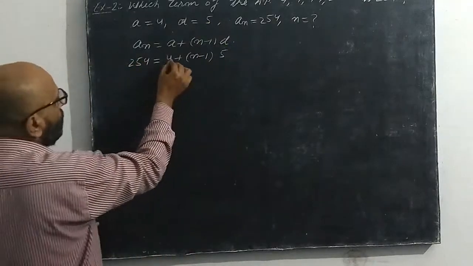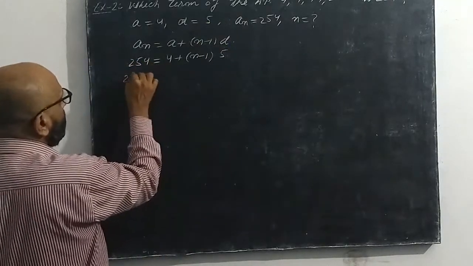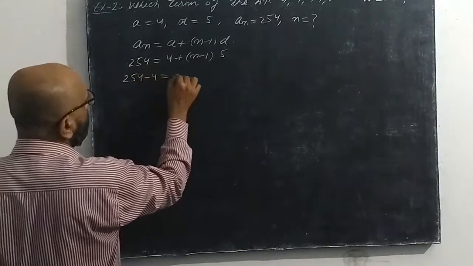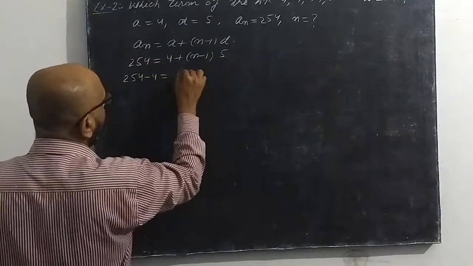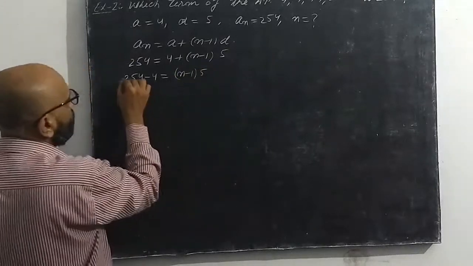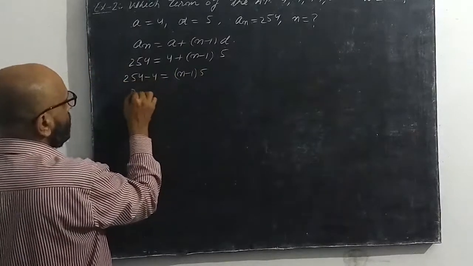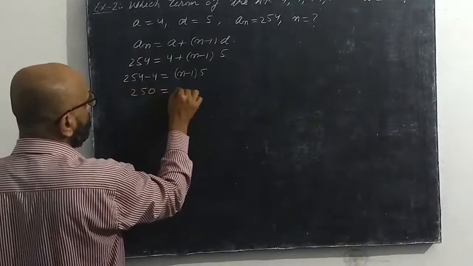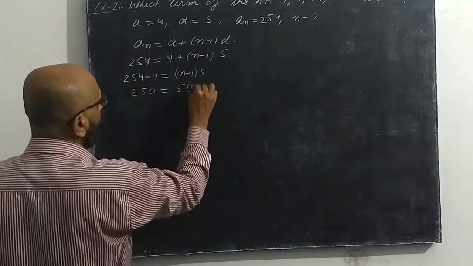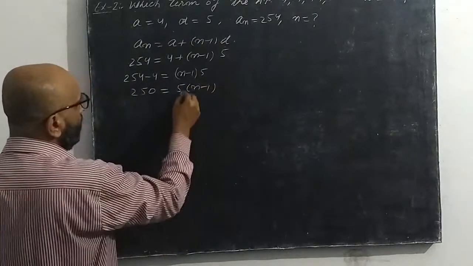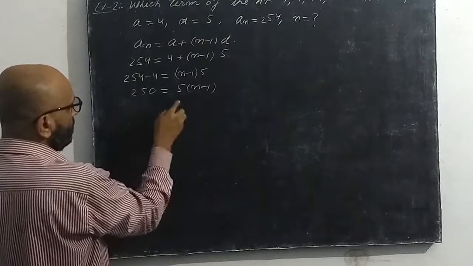Now transpose 4 to left hand side, we have 254 minus 4 is equal to n minus 1 into 5. 254 minus 4 is 250 is equal to 5n minus 5.